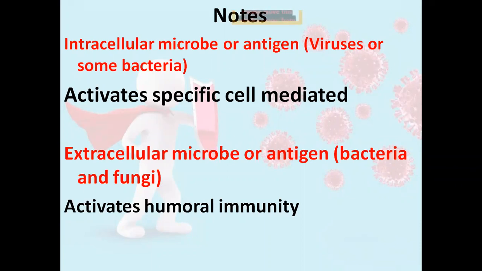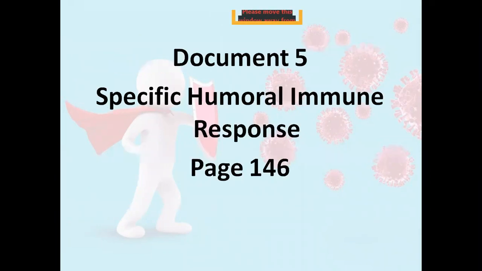This is general information. You don't have to study it, but you have to know that the T helper secretes either interleukin 2 or interleukin 4. Interleukin 2 activates T cytotoxic and builds the cell mediated response. Interleukin 4 activates the B lymphocytes into plasma cells to secrete antibodies.